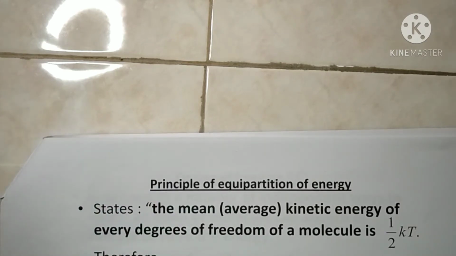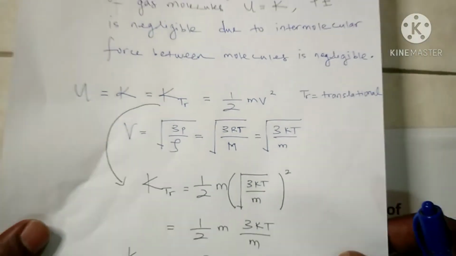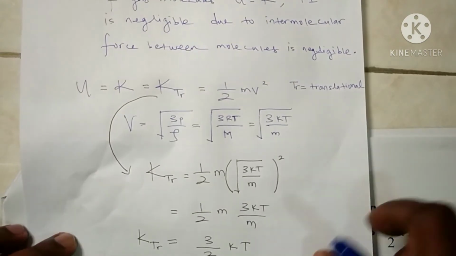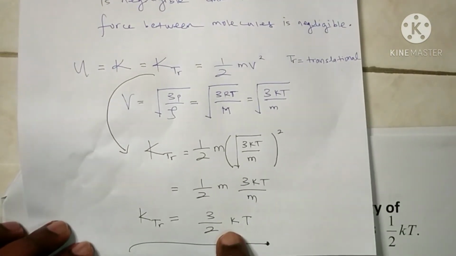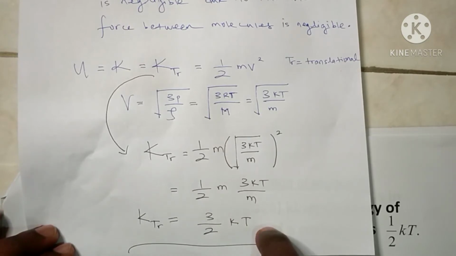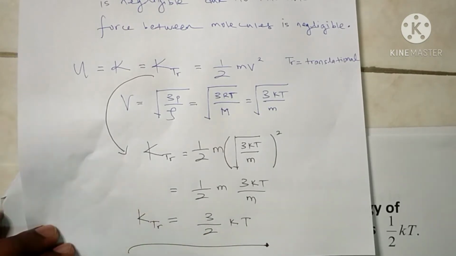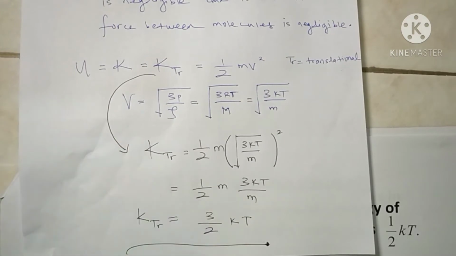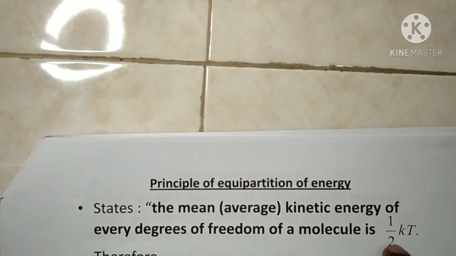It means the translational kinetic energy, which equals 3 over 2 kT, divided by 3, because of three axes x, y and z in three dimensions. Once you divide by 3, you will get half kT.